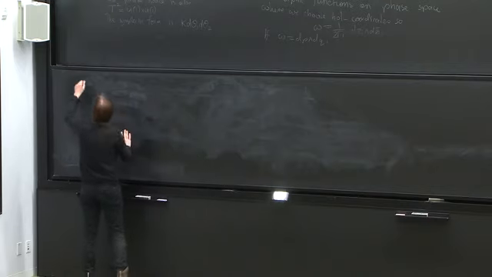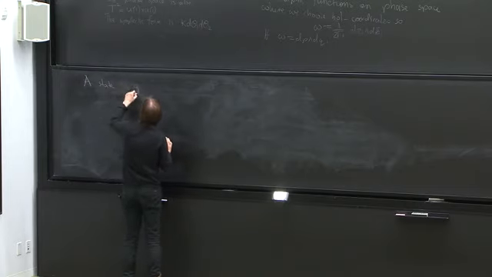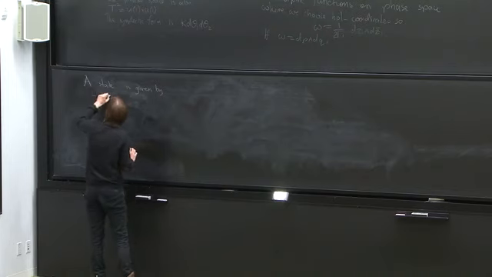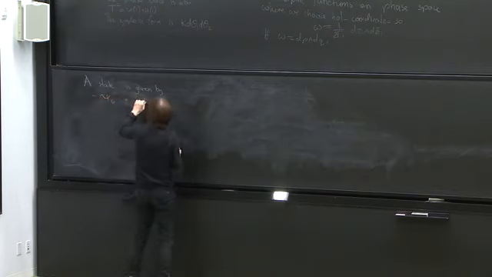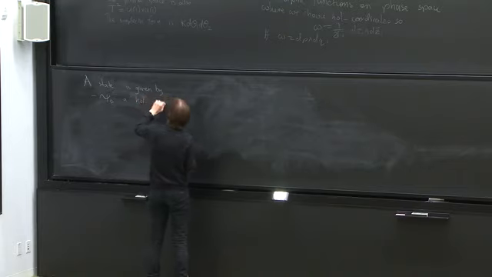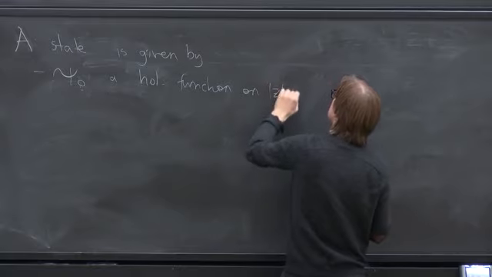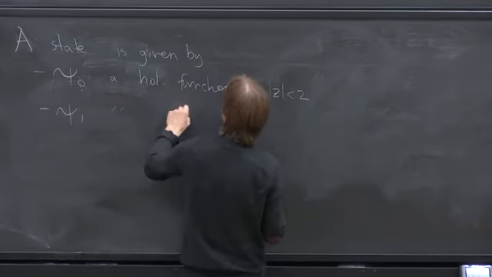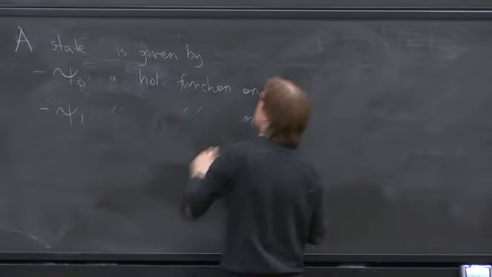So a state is given by, say, psi0, a holomorphic function on the region where z is less than 2, and psi infinity, the same thing, on the region where z is bigger than 1.